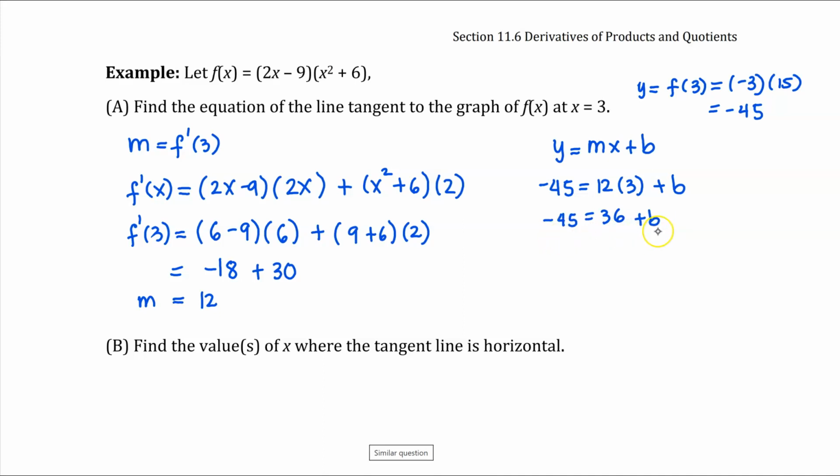So we have negative 45 minus 36 equals b. Therefore, b here is equal to negative 81. So therefore, the equation of the tangent line is y equals mx plus b. Our m is 12, x, and our b is negative 81.